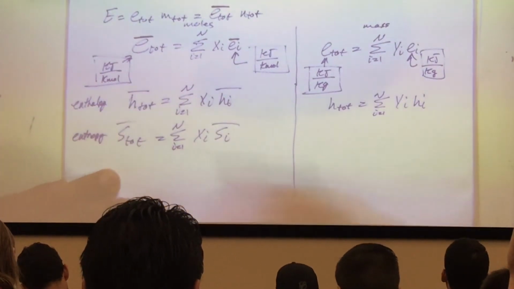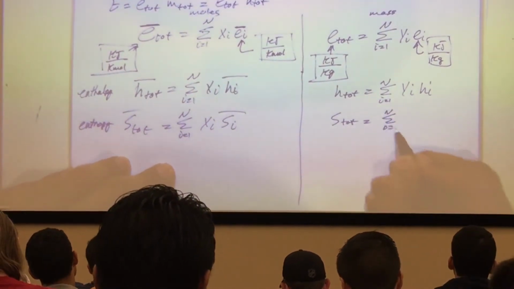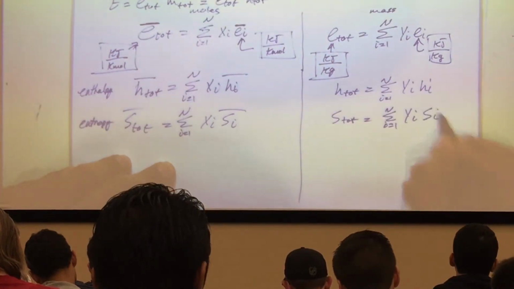Entropy of each individual species versus entropy of Ni multiplied by mass fraction Yi.